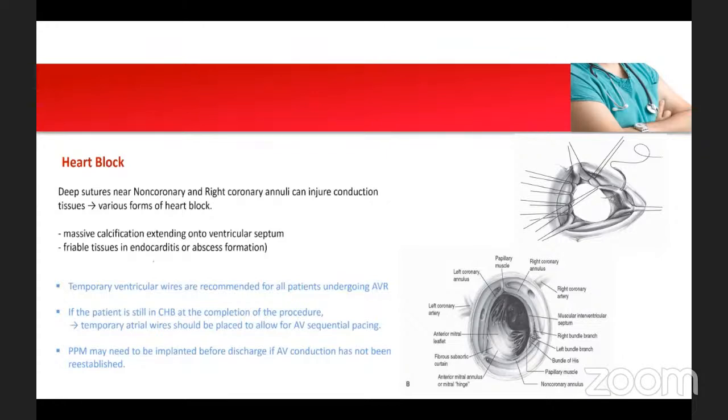And if the patient is still in complete heart block at the completion of the procedure, then a temporary atrial wire should be placed to allow for AV sequential pacing. And a permanent pacemaker may need to be implanted before discharge if the AV conduction has not been re-established during the hospital stay.